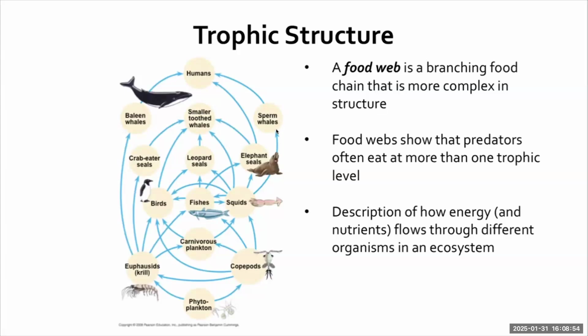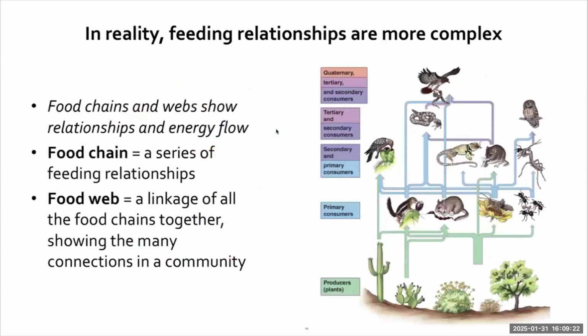And then the primary consumers like krill and copepods are consumed by a lot of secondary, tertiary, or even quaternary consumers. So krill is being consumed by carnivorous plankton. It's being consumed by fish and birds and seals and baleen whales. And so again, in reality, the feeding structure is much more complex than just a simple food chain communicates.